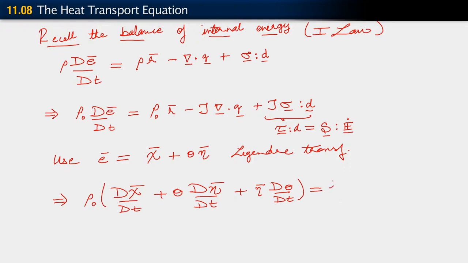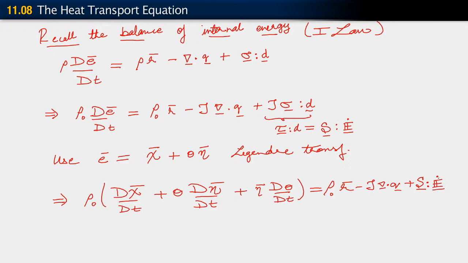This is equal to rho naught R bar minus J divergence of the heat flux plus S contracted with E dot.